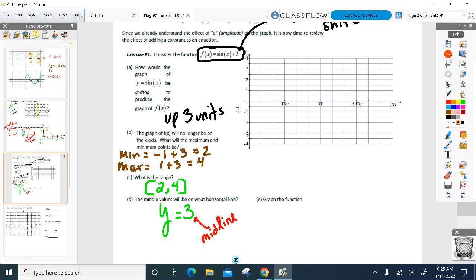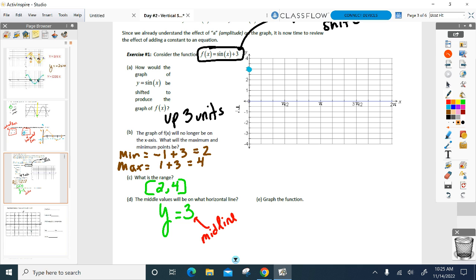Midline, which was what for us? 3. So instead of starting at 0, it's going to start at the midline, 3. Midline comes out of the mouth. Starts at the midline, then goes to where? Midline to the max.